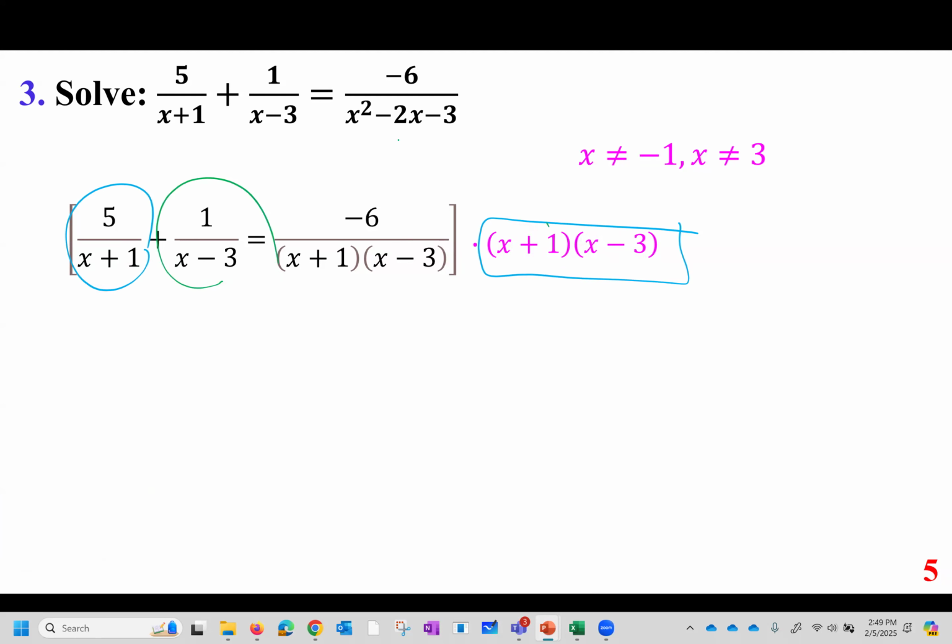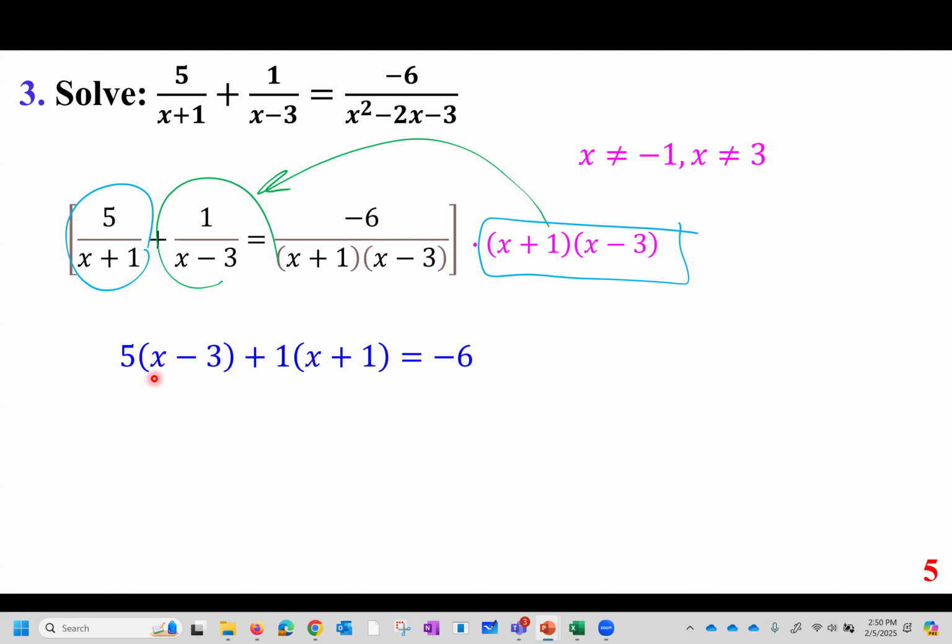And you multiply it by the second one, x minus 3 cancels out, plus 1 times x plus 1. The right side, everything cancels out. You just have the numerator, namely negative 6. This is the fastest and easiest way to solve something like this, a rational equation.